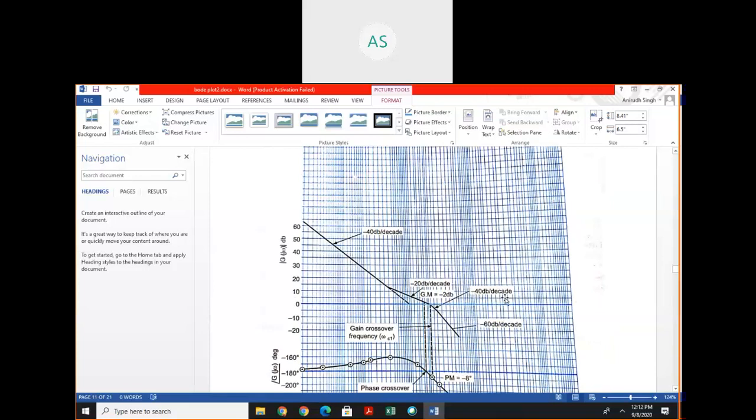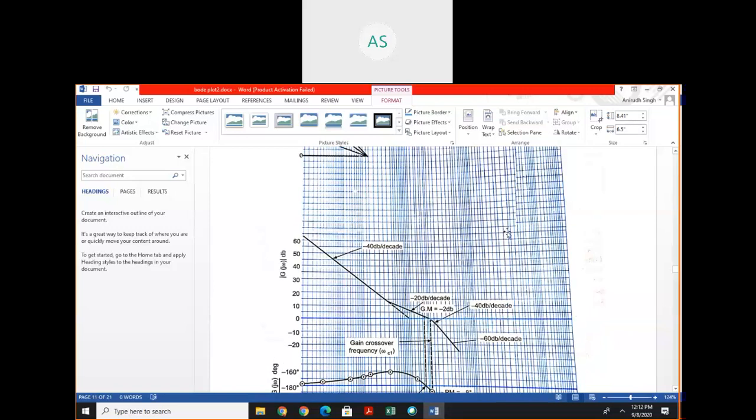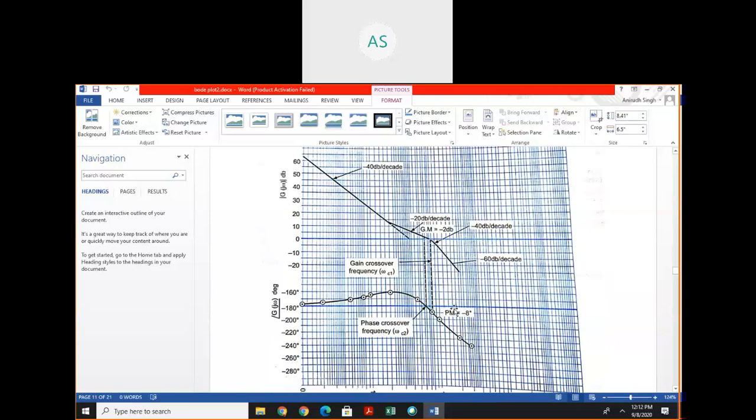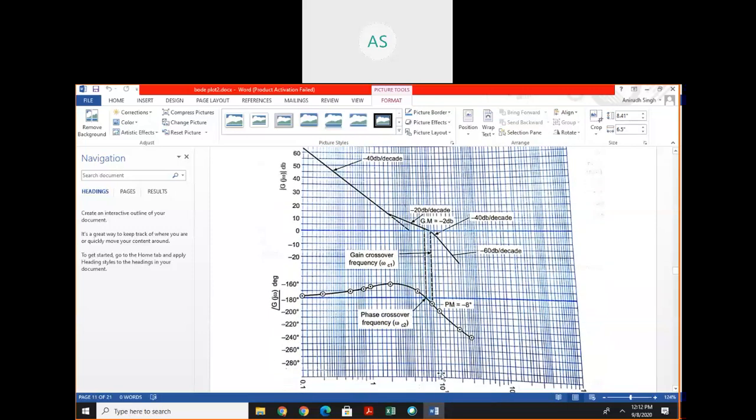And at the third corner frequency, which is 10, the next pole is activated. So at 10 radians per second, slope increases by minus 20 dB, which is minus 60 dB per decade.